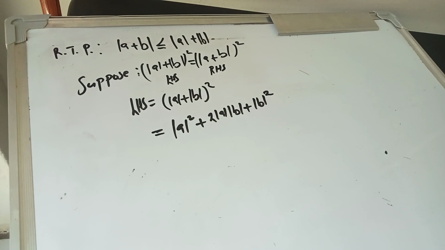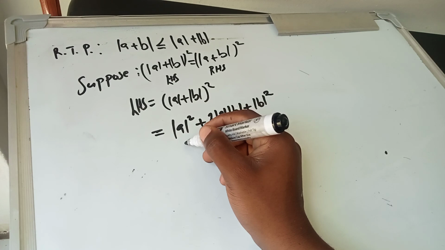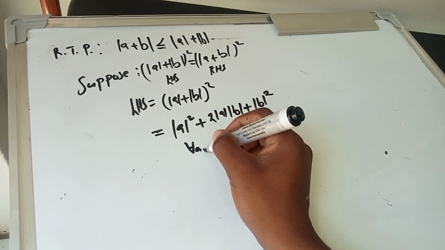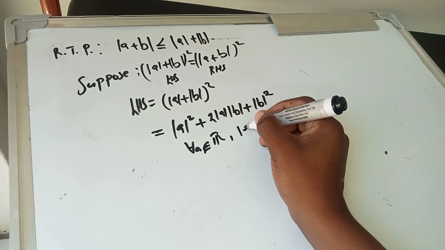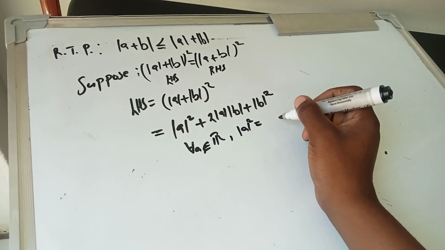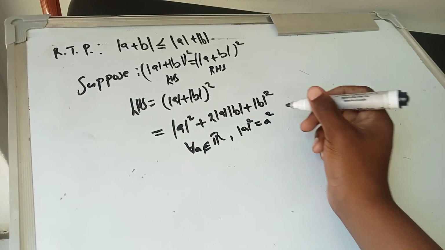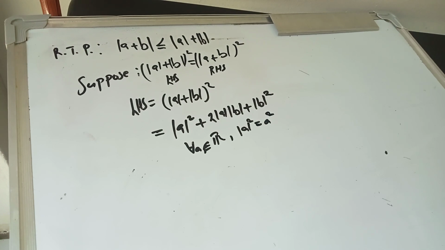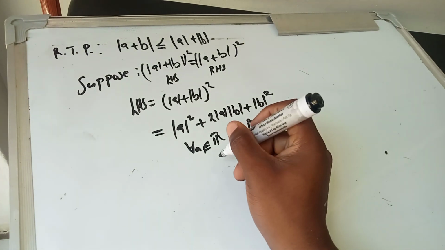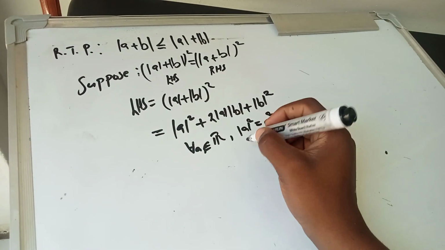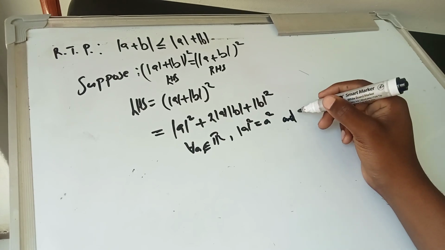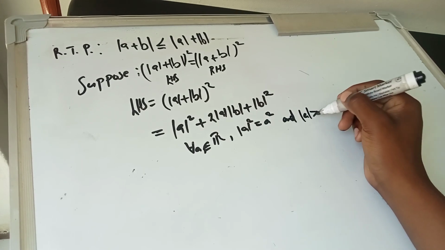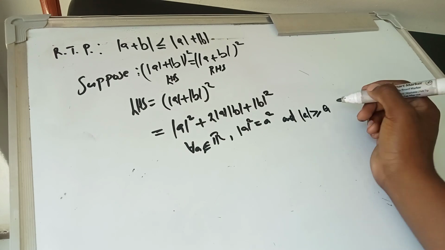Now remember that for all a in the set of real numbers, the absolute value of a squared is equal to a squared. You can prove that on your own. Also remember that in the real numbers, the absolute value of a is greater than or equal to a.